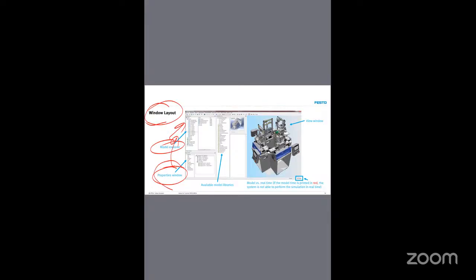All the properties we can change here. Then we have model libraries, where we can add new components, for example robot, conveyor, sensor, motor, cylinder, etc. Then we have a view window where we will see the 3D factory simulation. And we have a real-time indicator, simulation 1.0, real time.